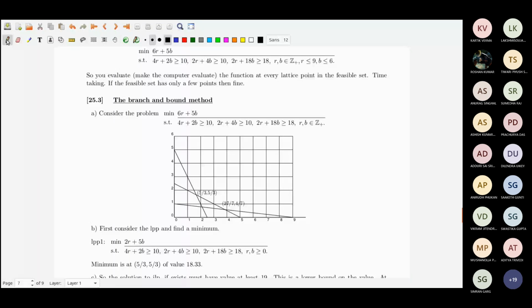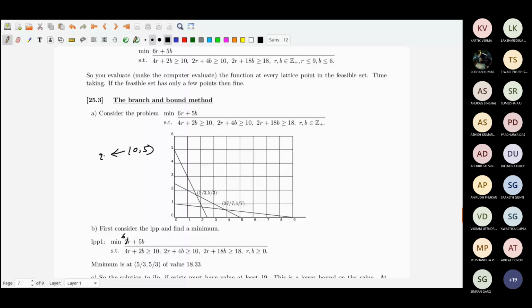Not 2R plus 5B. I wanted 6R plus 5B. What is the minimum? At this point the value of 6R plus 5B is 25.